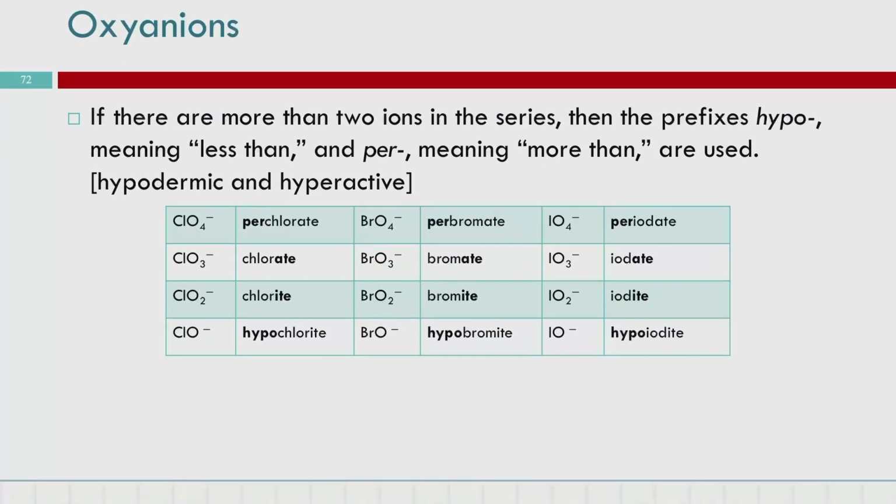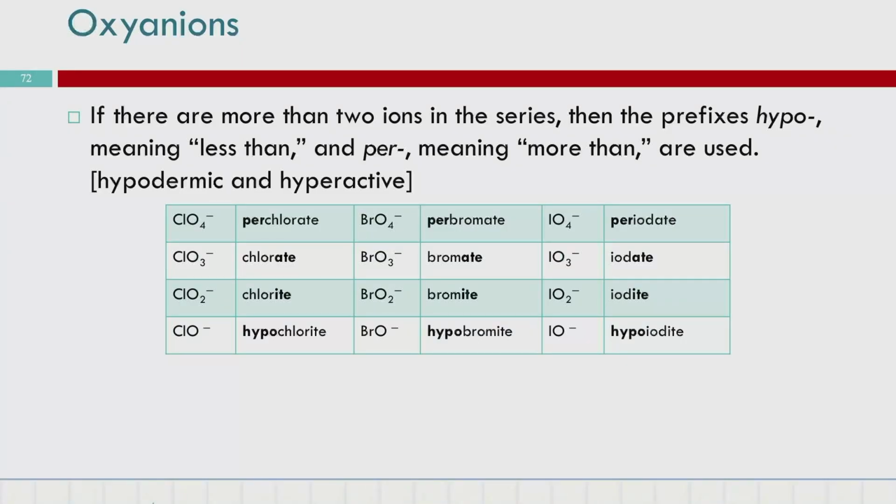We can also have series where we expand. So we've got our ATE ending, that's the one you'd memorize or look up. We've got our ITE ending, subtract 1 oxygen. And then we have options for adding and subtracting even 1 more.